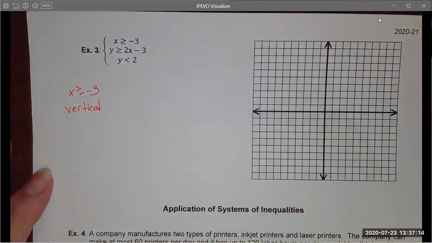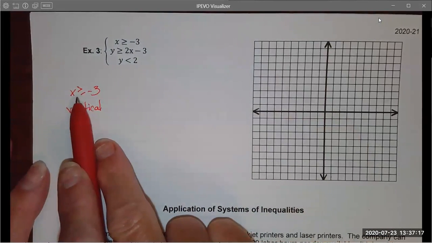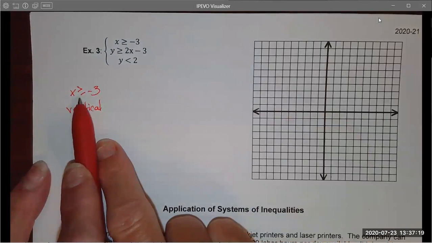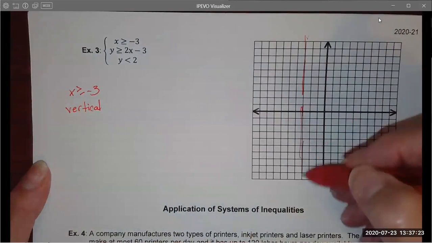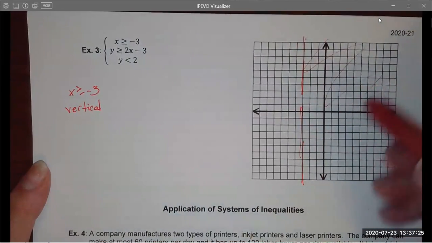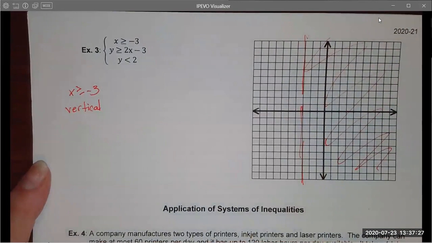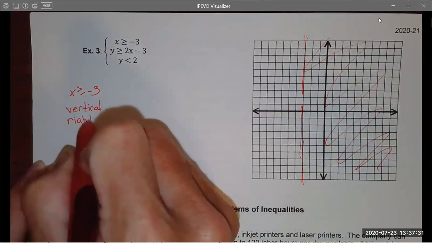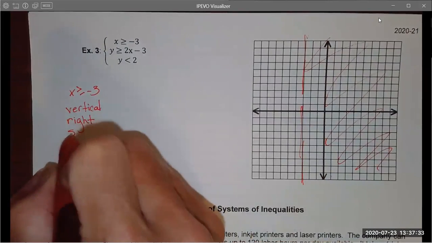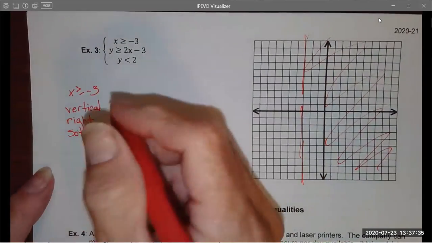Because we are looking for x values that are greater than -3, when I draw my line right here, I'm going to shade the area to the right because I want things that are greater than -3. So it's right and it's solid.